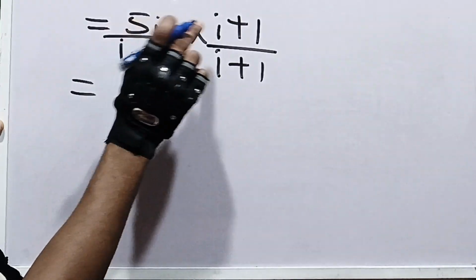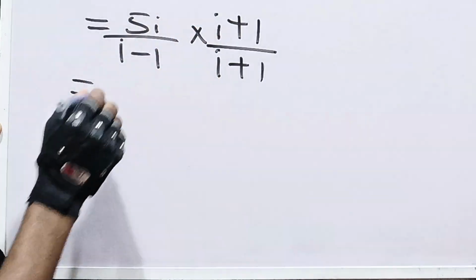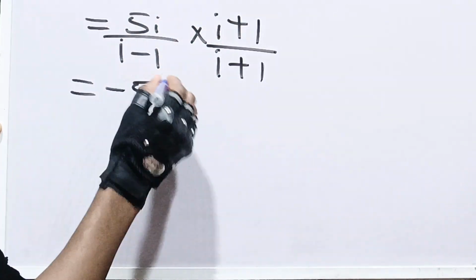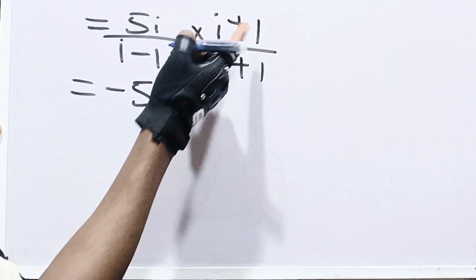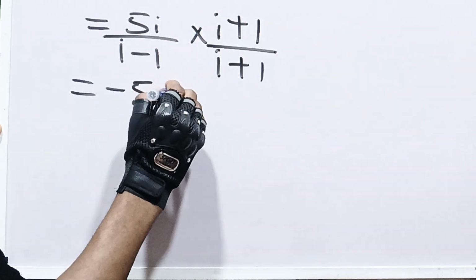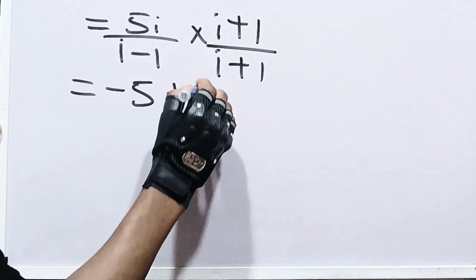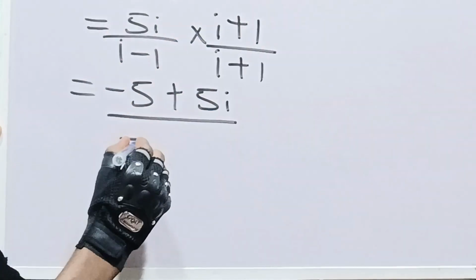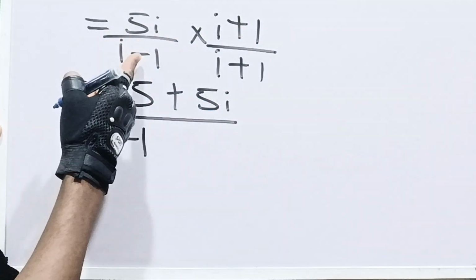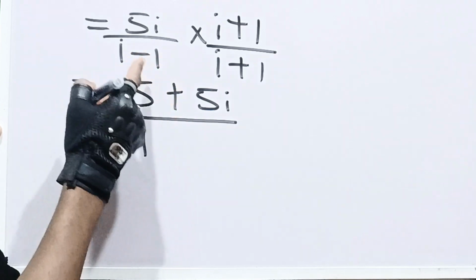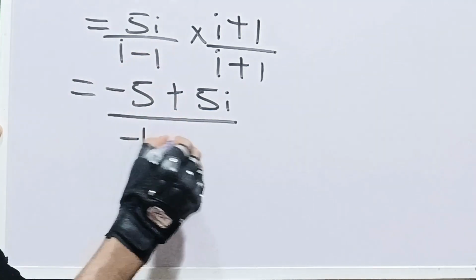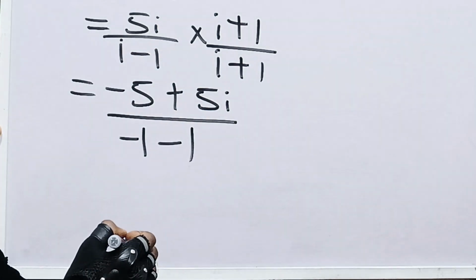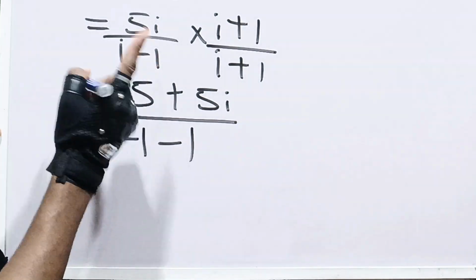So we say that i times i is minus 1. So we have minus 5. Now we have 5i times 1 is what? Plus 5i. Okay? i squared is minus 1. Then we have minus 1 squared is minus 1 as well. Alright? So this is minus and then 1 squared.